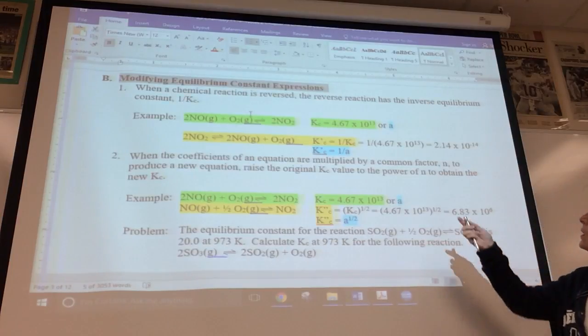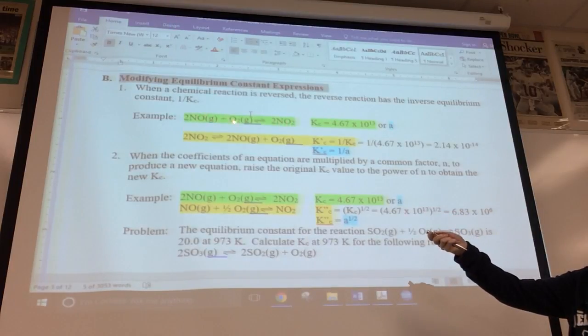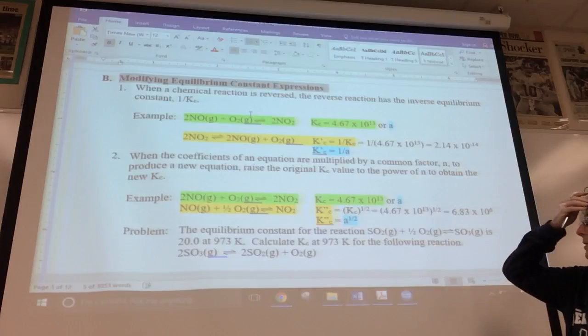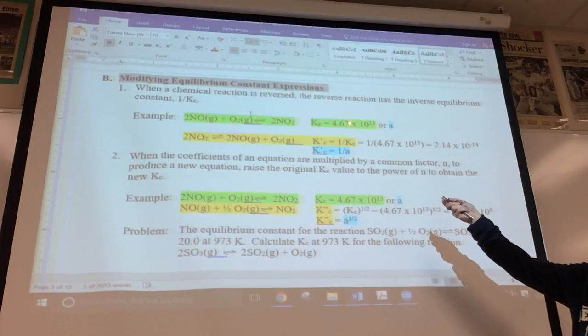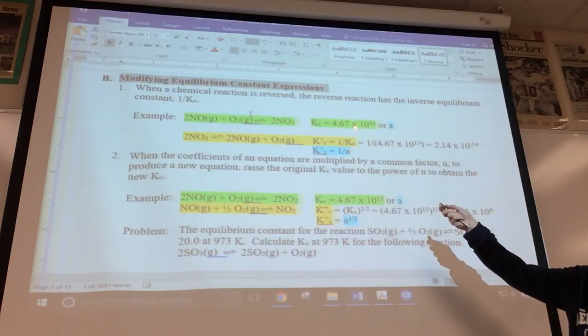Okay? So for example, if you show the formation of nitrogen dioxide from nitrogen monoxide and oxygen gas, Kc is given right here, and this value is considerably larger than 1. Let's focus here on the green first. I'll go over the letter designation in a minute.